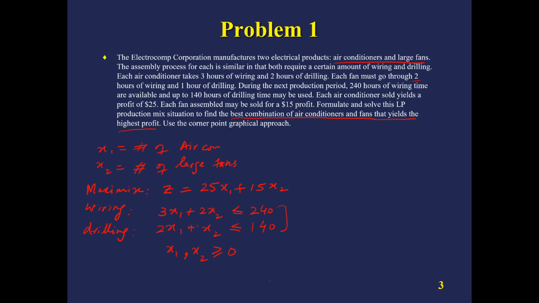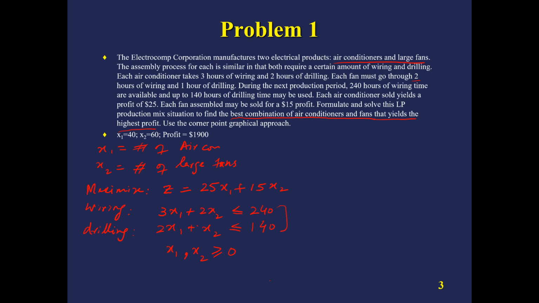If it makes you comfortable, draw a table. Let's go to next. So the solution is x1 equals 40, x2 equals 60, profit equals $1,900, the objective function.